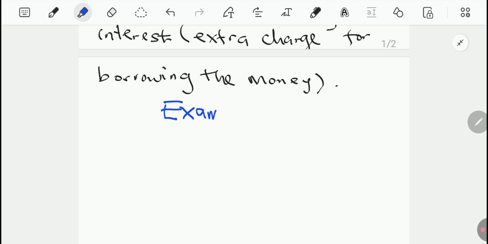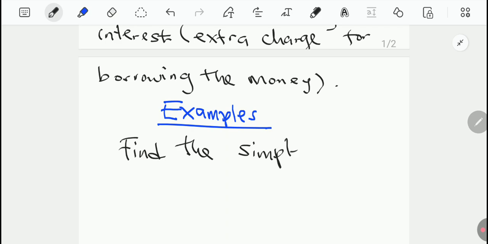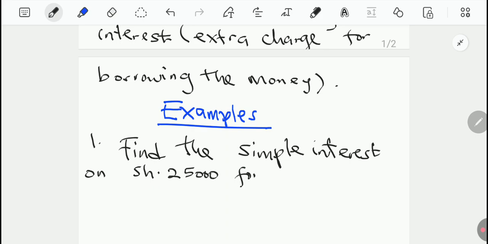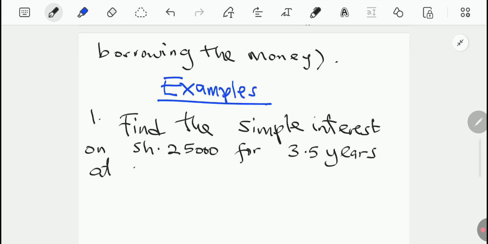Example. Okay. We are given to find the simple interest on shillings 25,000 for 3.5 years at 18% per annum.